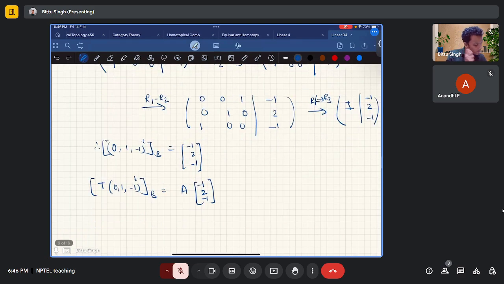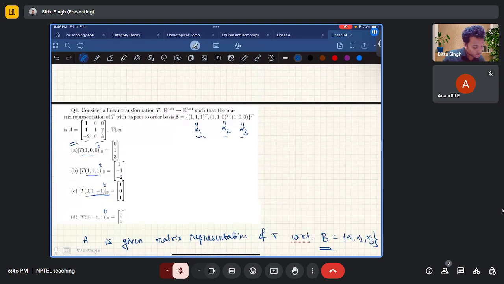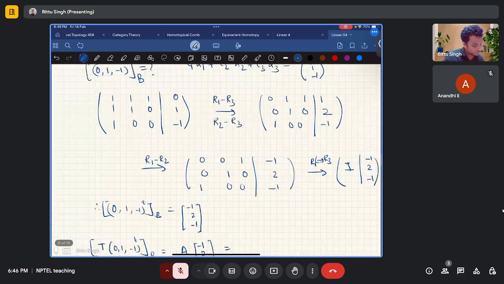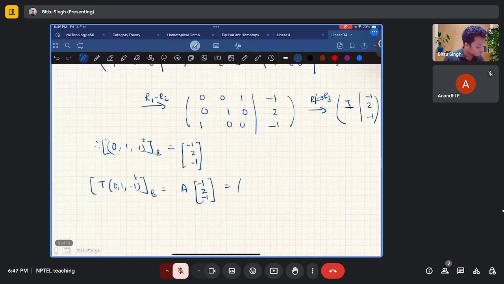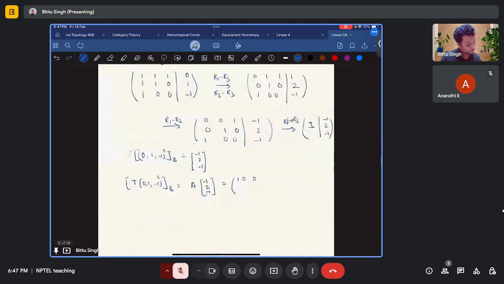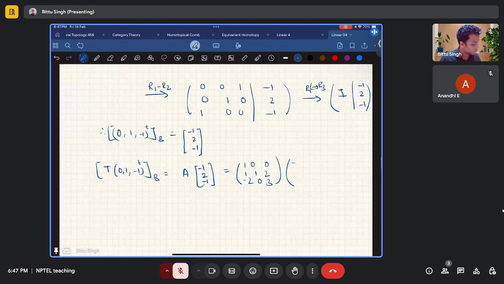But what is A? Initially A was this matrix 1, 0, 0, then 1, 1, 2, minus 2, 0, 3, and multiply with minus 1, 2, minus 1.